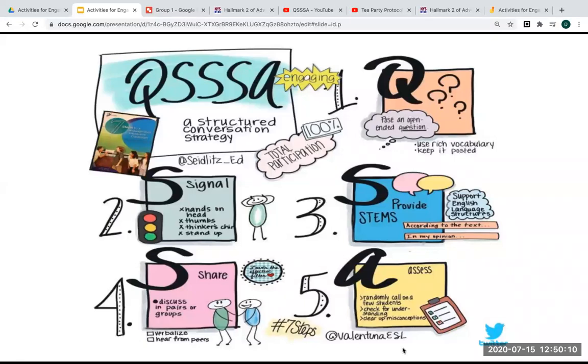The first S is a signal, something you have agreed upon as a class to signal that I have a response or have generated some idea related to the question. The second S is your opportunity to provide stems and scaffolds for your English language learners. The third S is to share, either in pairs or in groups. And then the A is to assess.